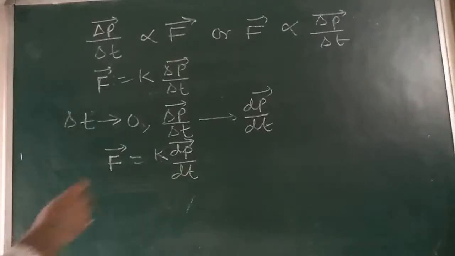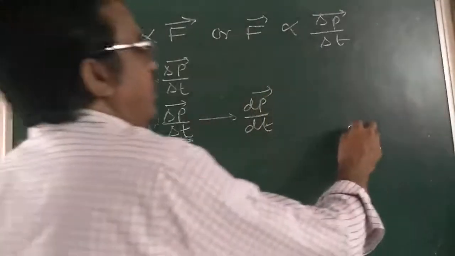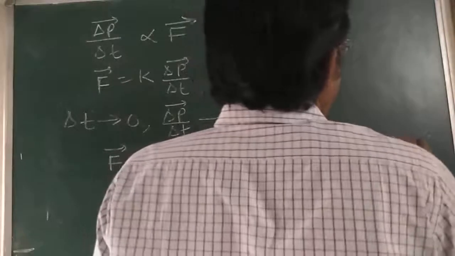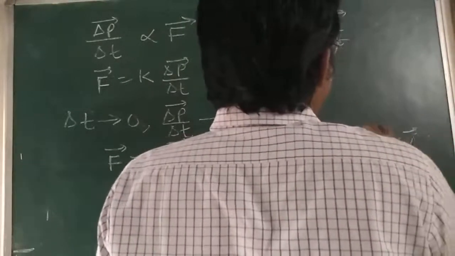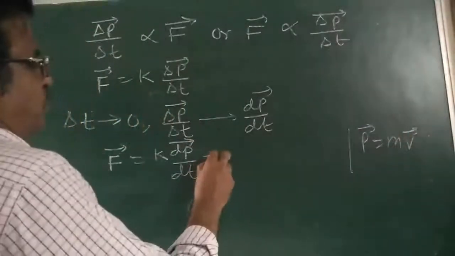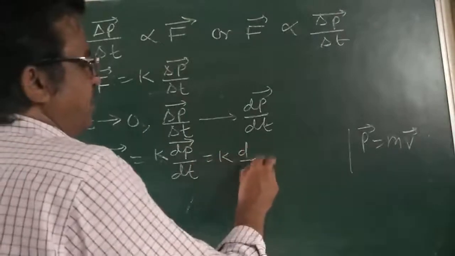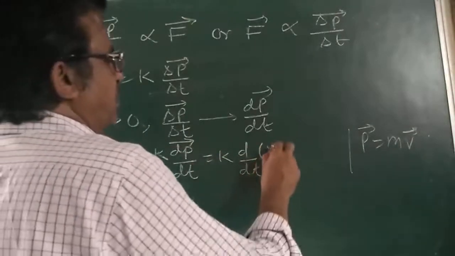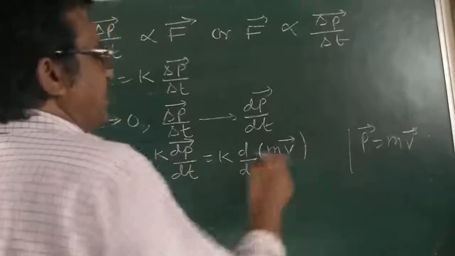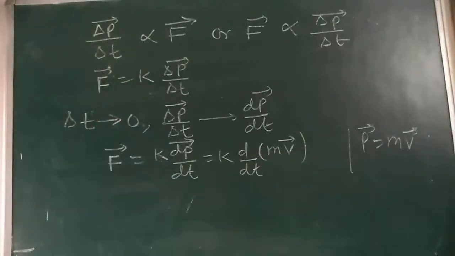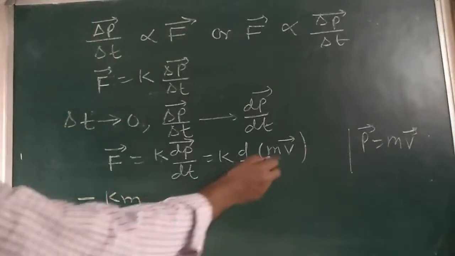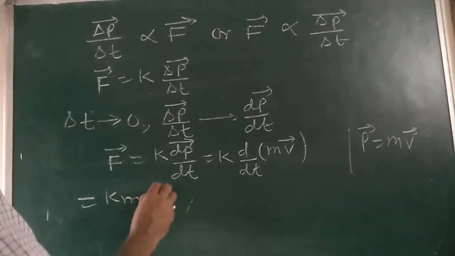So now what is P? P we know very well, children, from our earlier equation, mv. Put this value here, d by dt of mv. We may take m out from the differentiation because it is a constant.